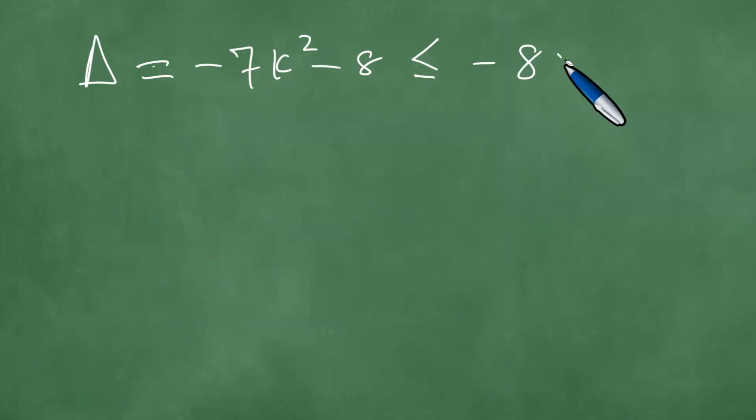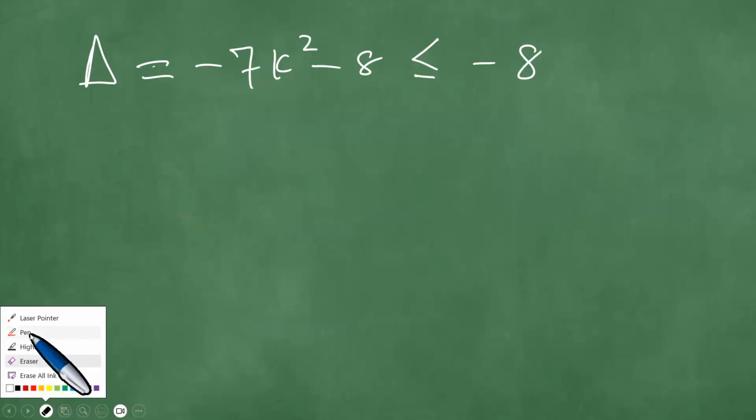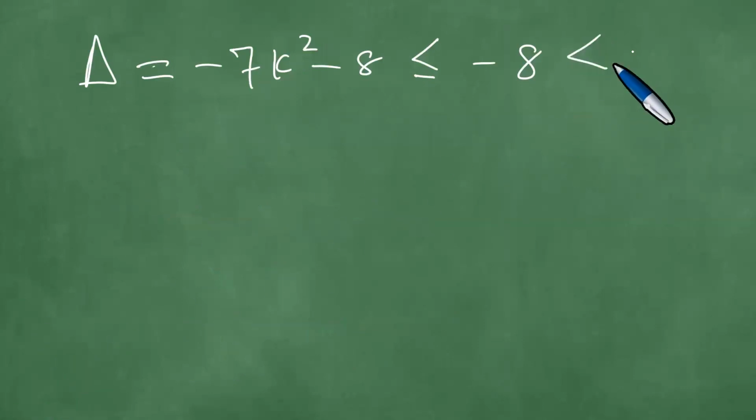But minus 8 itself is less than 0. And this means that delta itself is less than what? Delta itself is negative. It's less than 0.